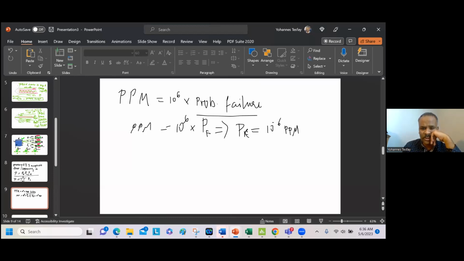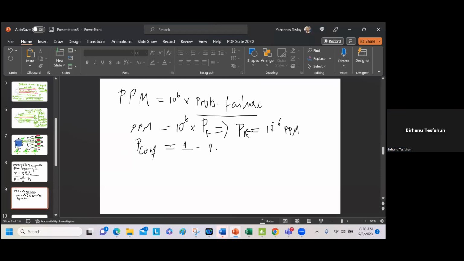Probability of failure, F. So now probability of success or conforming, okay? This equals 1 minus probability of failure, isn't it?